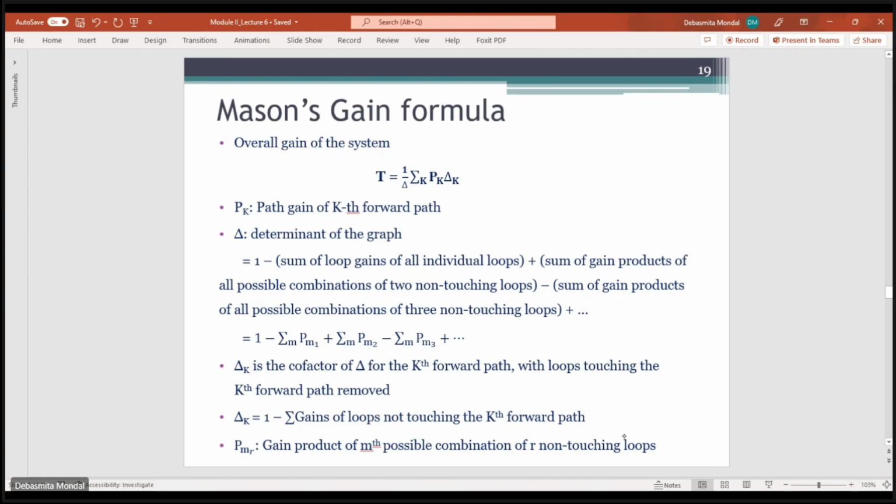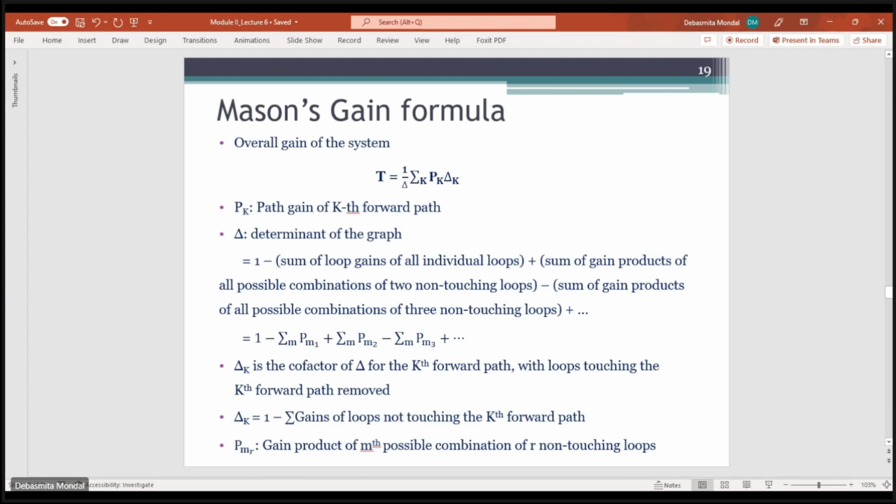So first of all, you figure out how many loops are there in your system, and what are the loop gains. So 1 minus summation of the loop gains of all individual loops, plus summation of the gain products of all possible combinations of two non-touching loops.